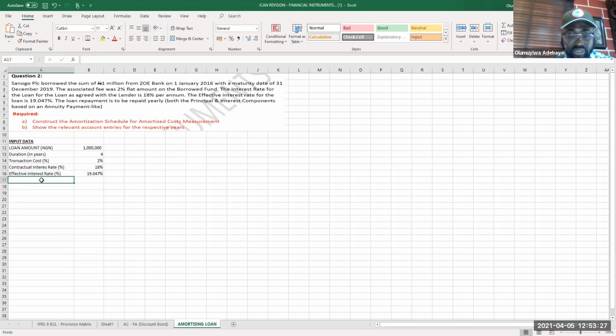Therefore, the question is, what is the annual payment in Naira? In this question, the annual repayment is unknown. Therefore, it raises a red flag, which means the first thing we need to do is to determine the annual repayments.